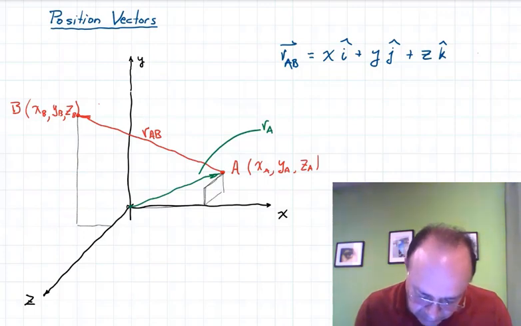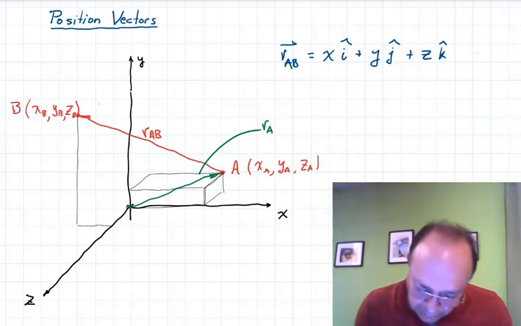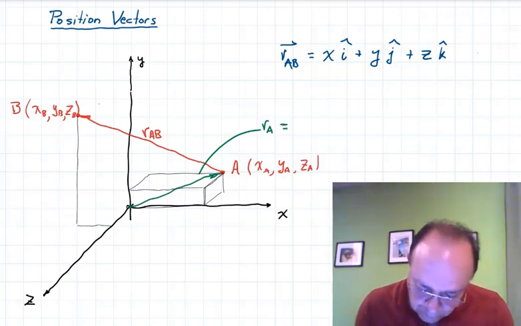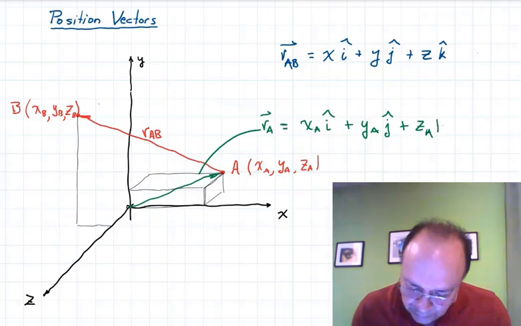So it's basically a vector whose components are the coordinates of point A. So RA will be equal to XA i plus YA j plus ZA k.